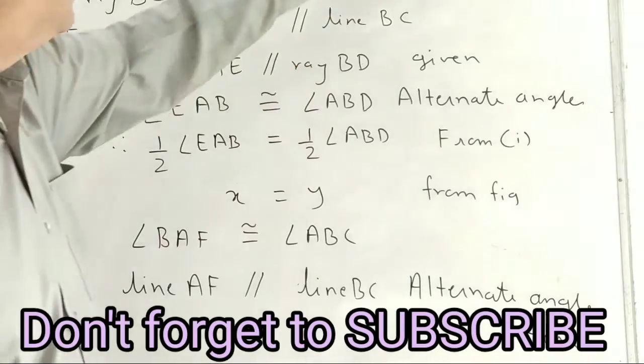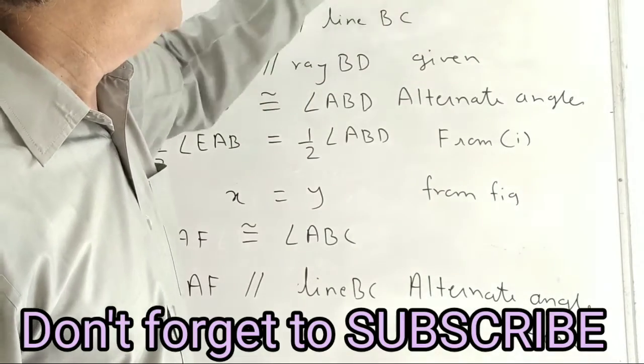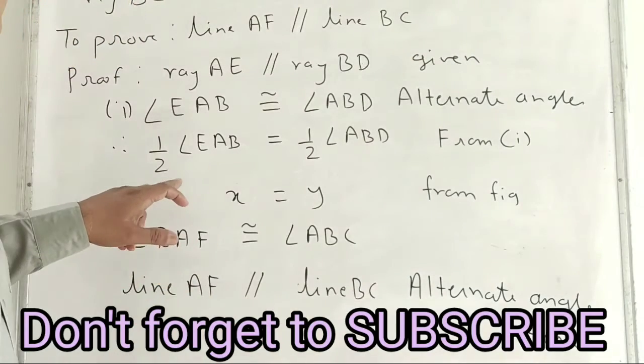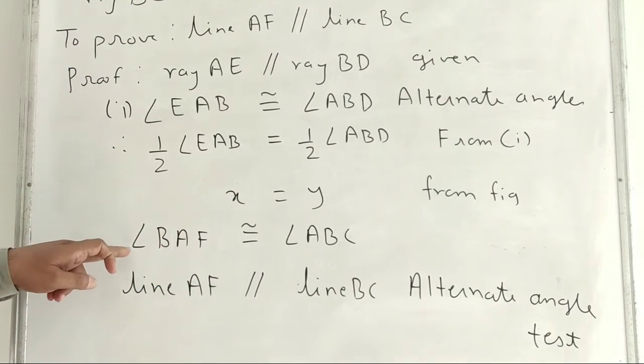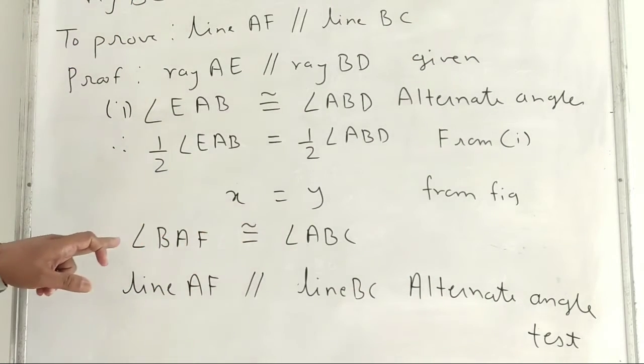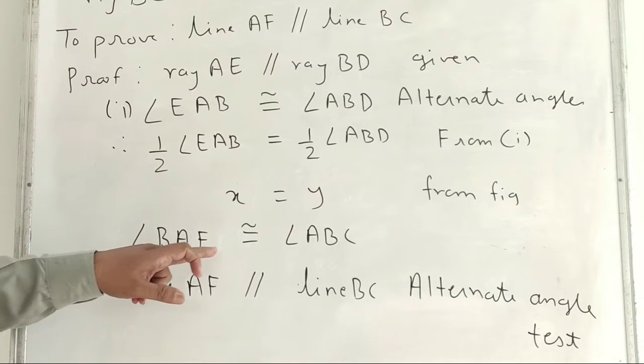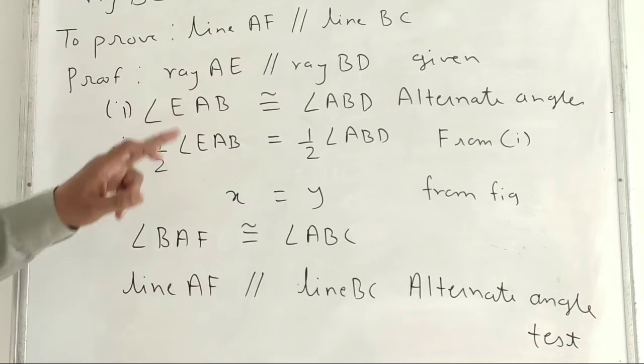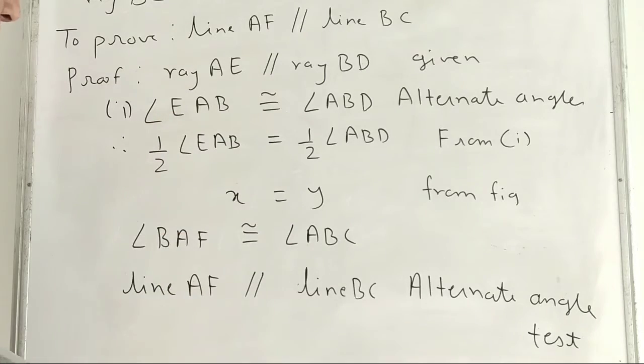So angle BAF is x, and angle ABC is y. You getting? So angle BAF is congruent to angle ABC. This angle is x only, shown in the figure. This angle is y only.